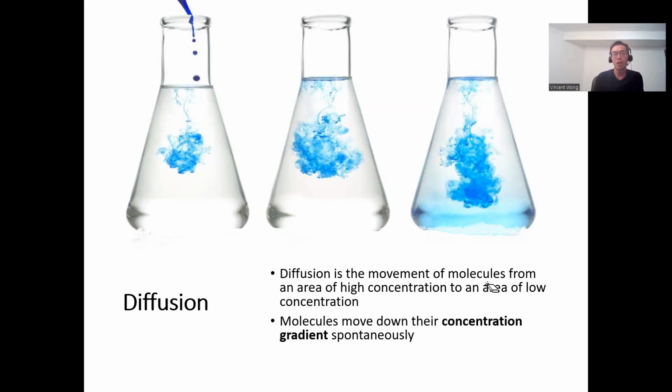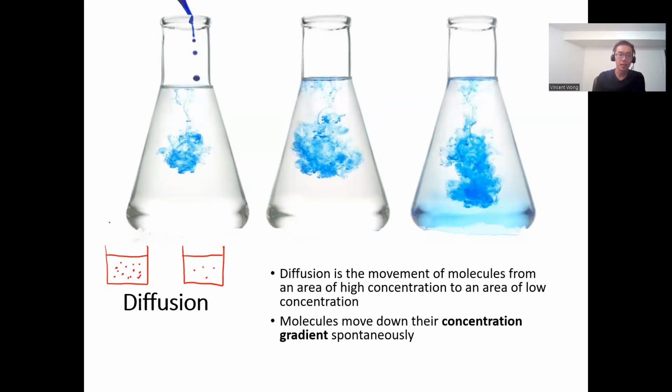Diffusion is the movement of molecules from an area of high concentration to an area of low concentration. In case you have trouble understanding what high and low concentration means, we have 2 containers here. Let's fill them up with the same amount of water. Let's say I add a lot of salt here, and then I add a little bit of salt here.